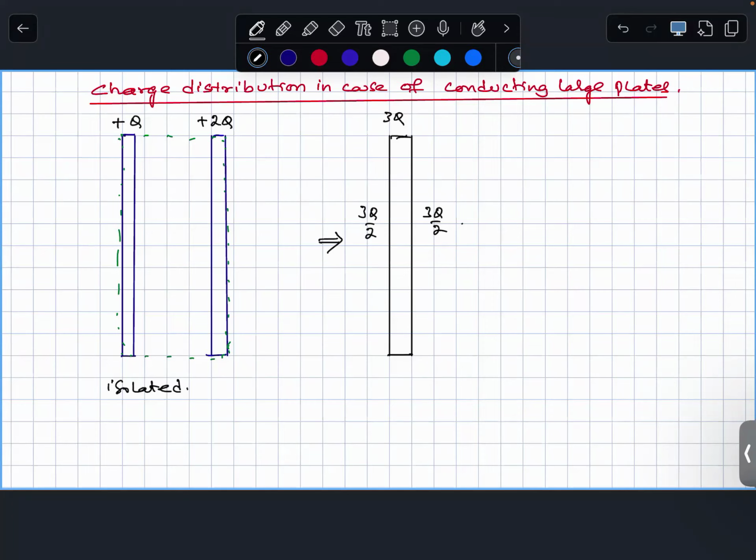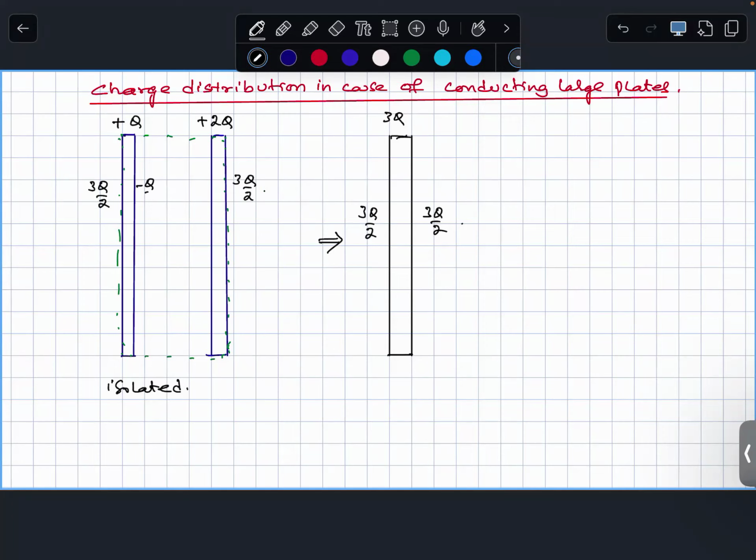So in this case, what is happening? Same situation you should notice here. 3Q by 2, 3Q by 2. But charge is conserved on each plate because each plate itself is isolated. So to conserve charge, what is the condition required here?